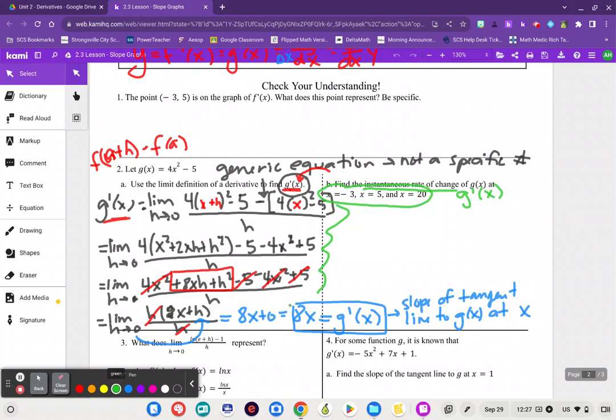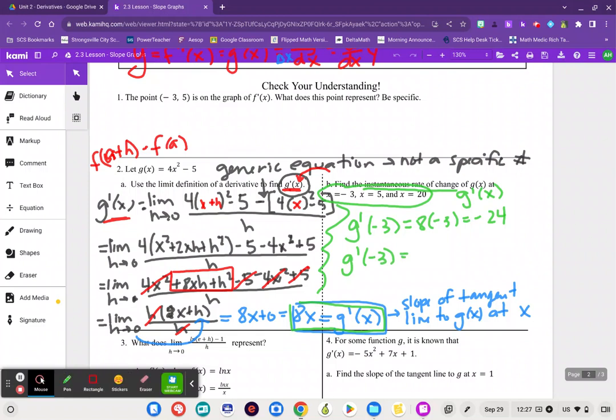And once I get this g prime of x formula, I can quickly say, hey, then g prime of negative 3 is equal to 8 times negative 3. So the slope of the tangent line to g at negative 3 is negative 24. And because I have this formula, I can do g prime of, not negative 3, we already did that one.